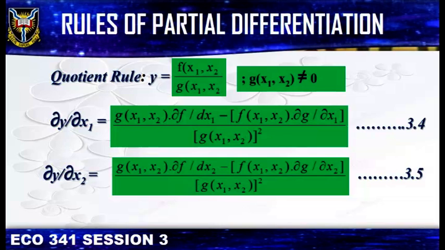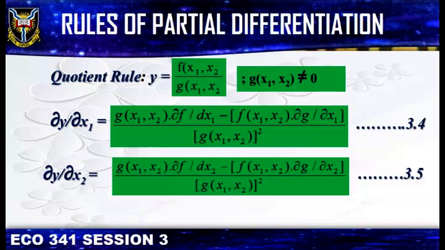Partial dy/dx1 is equal to g(x1, x2) partial df/dx1 minus (f(x1, x2) partial dg/dx1) over (g(x1, x2)) squared. Equation 3.4.